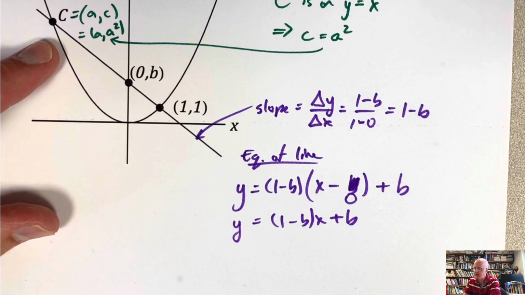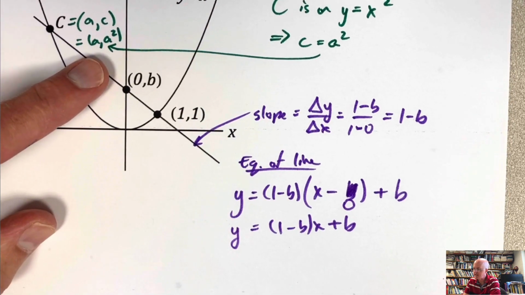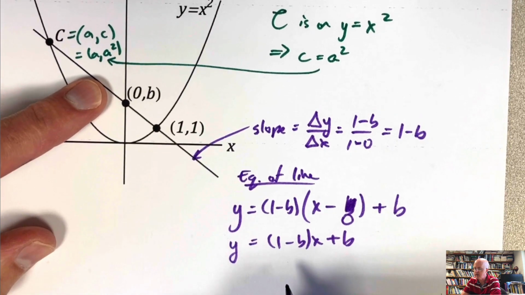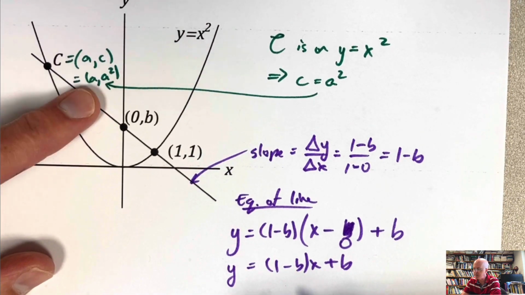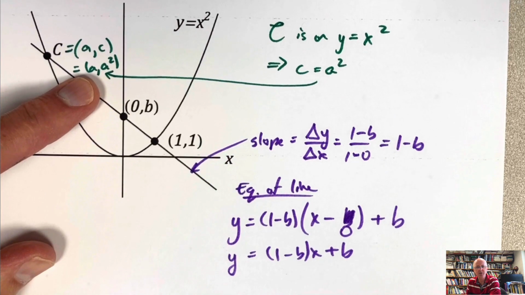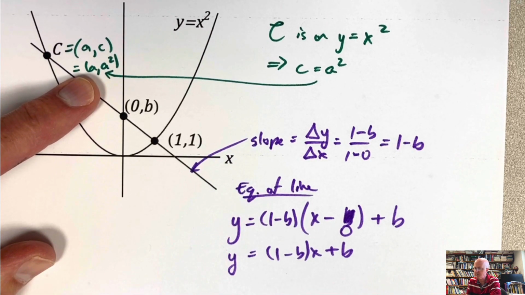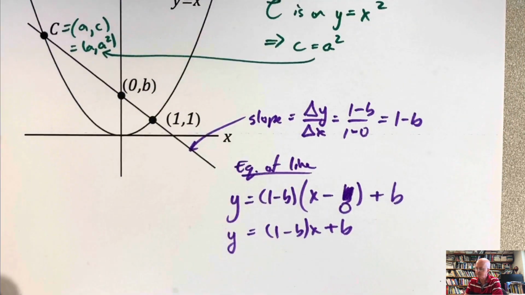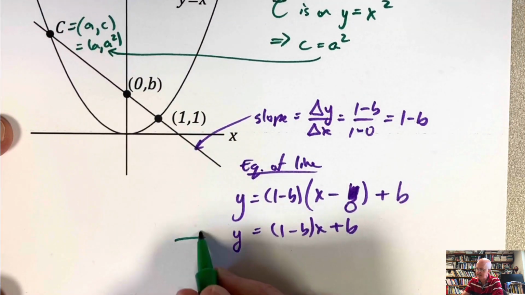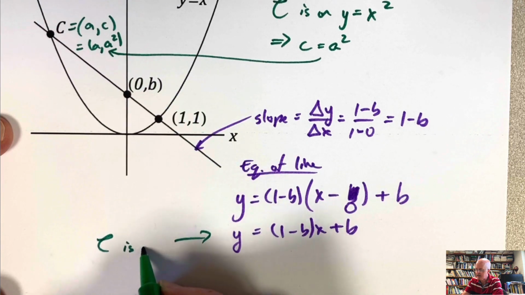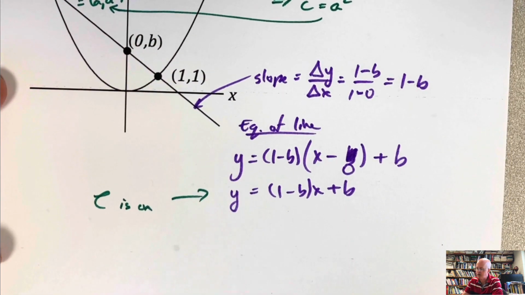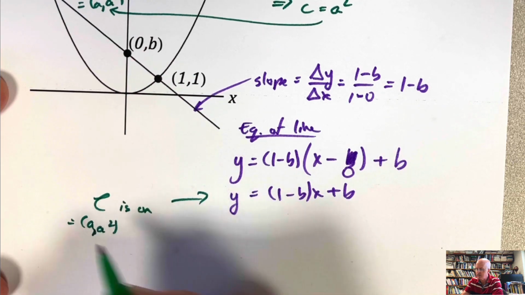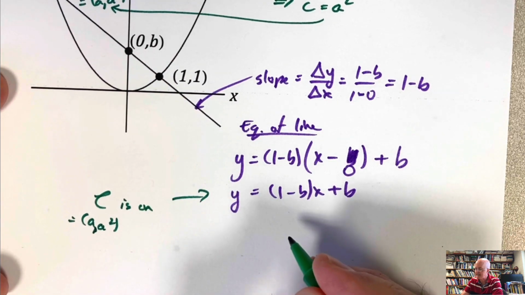I know the point capital C, whose coordinates are a comma a squared, has to satisfy this equation. My goal is to figure out what these are in terms of b. That's going to give me a relationship between a and b. Maybe I can solve that for a in terms of b. Capital C is on here, so its coordinates, a comma a squared, have to satisfy that when x is a and y is a squared.